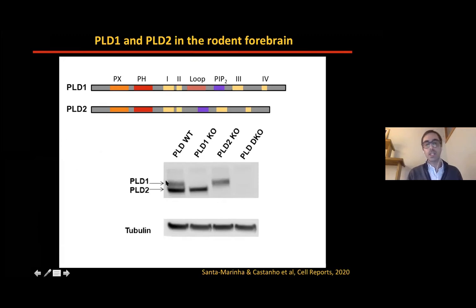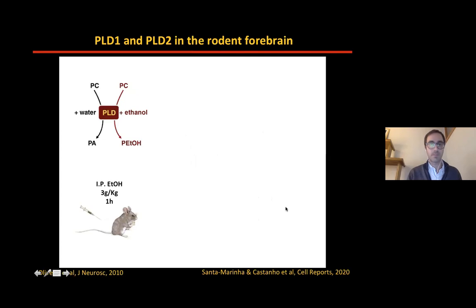Here in this plot, we can identify both isoenzymes by using an antibody that recognizes the C-terminus of both PLD1 and PLD2. And then in PLD2 knockout animals, we only observe PLD1 levels, while in the double knockouts, we have no levels at all of either of the isoenzymes.